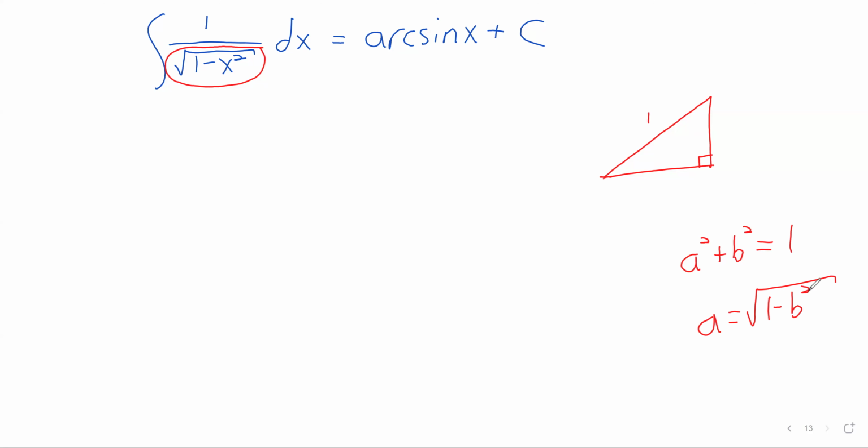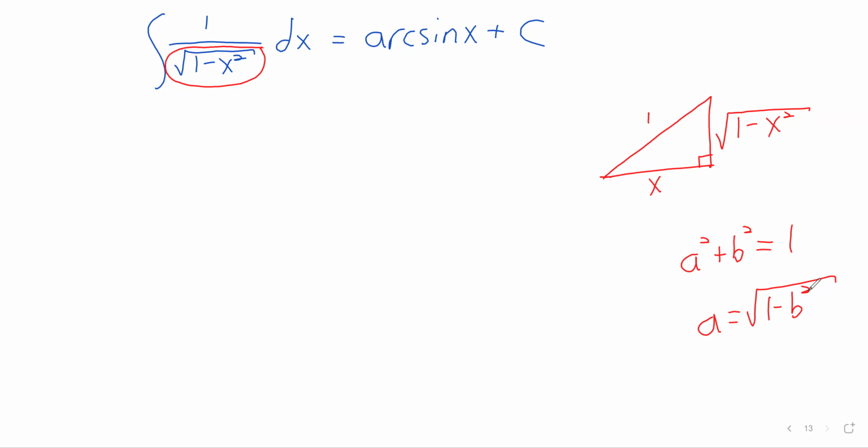So if this is 1 and this is x, then that square root is going to show up in this triangle. So these show up fairly frequently in applications of calculus to engineering and geometry. They are something that we have to deal with.